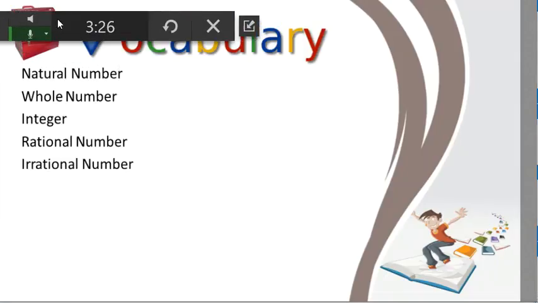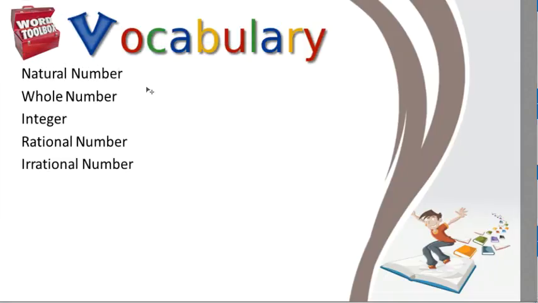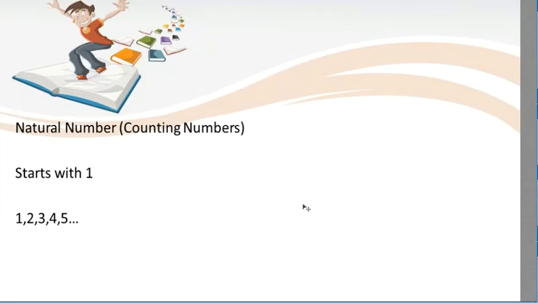So the first one is a natural number. Okay. So what I want you to do on your piece of paper right now is go ahead and write natural number. Sorry, let me back up. On your piece of paper, please put your name at the top left of your paper.